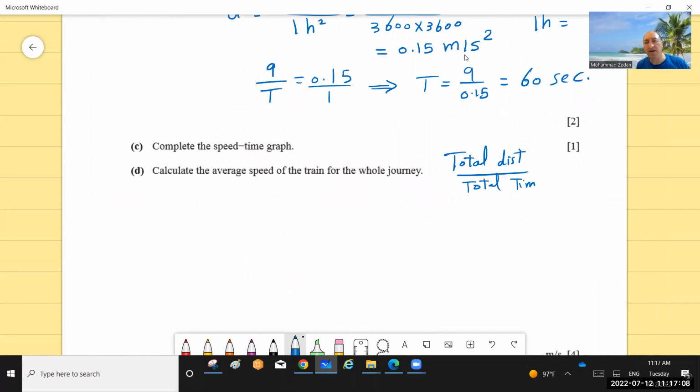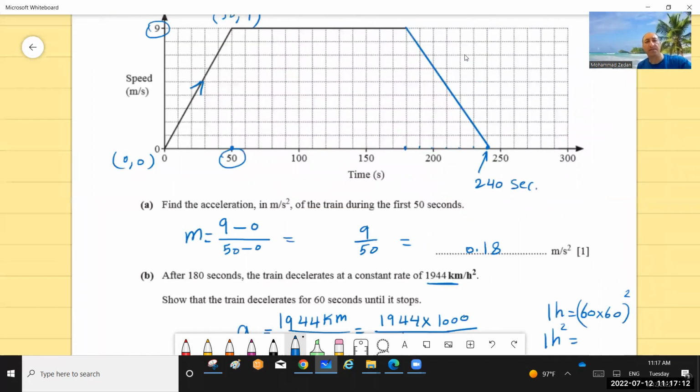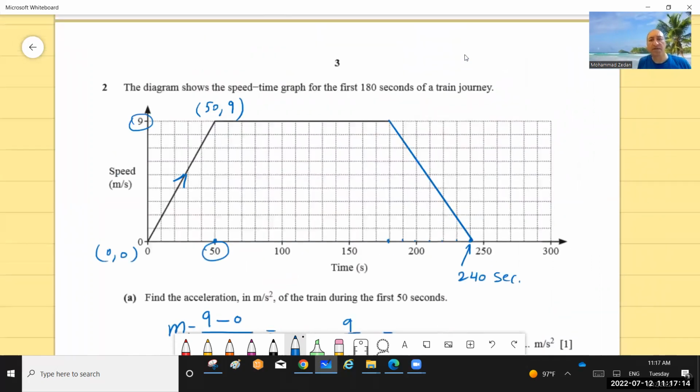Okay, the total distance in the speed time graph, as you know, is the area. Let me solve it here beside the graph. This shape is represented by a trapezium, not a parallelogram. Its area is (a + b)/2 times the height.